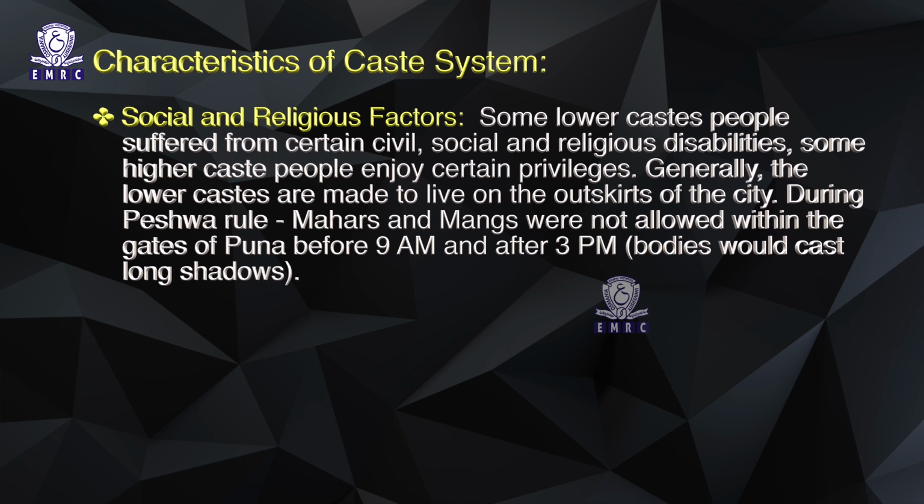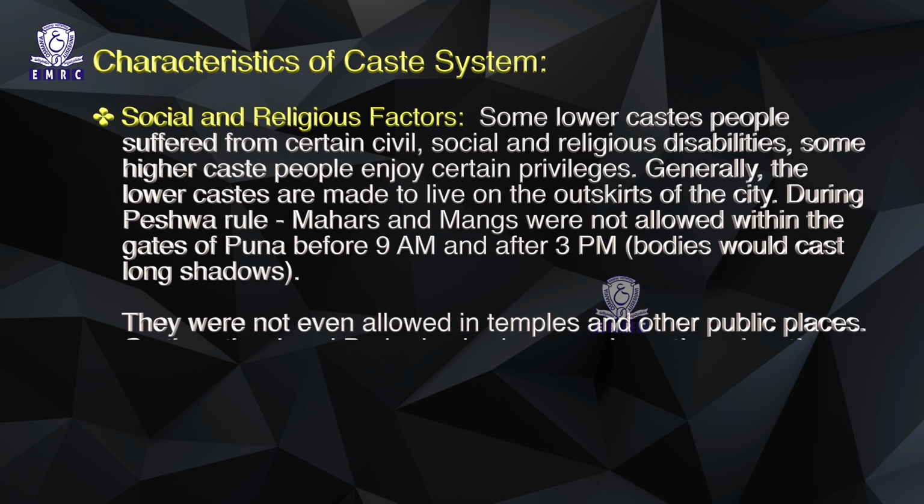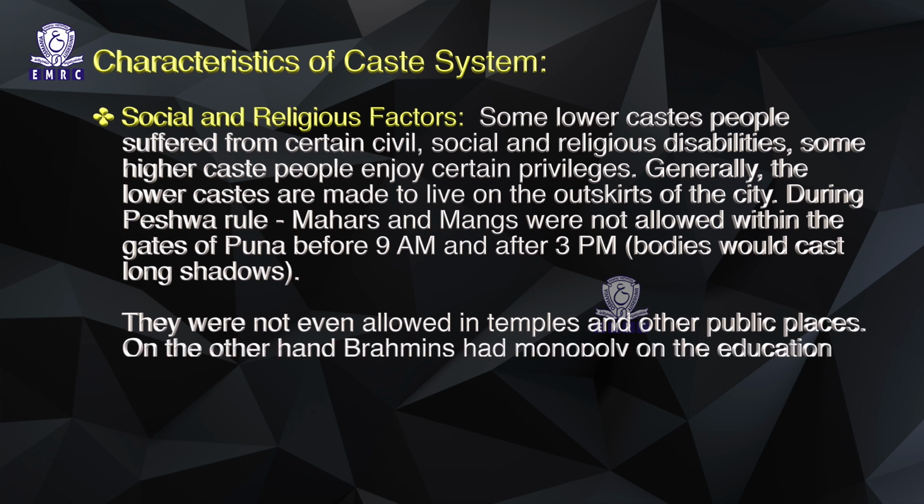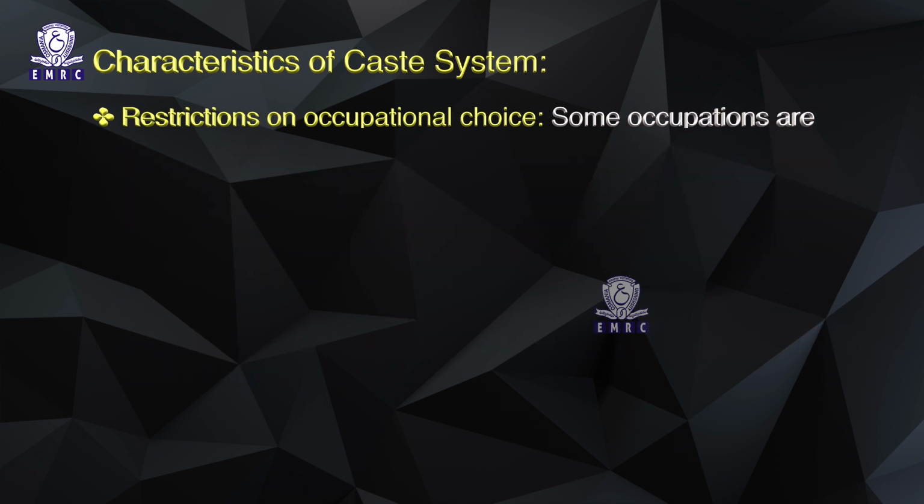In fact, during Peshwa rule, Mahars and Mangs were not allowed within the gates of Pune before 9 am and after 3 pm because the human bodies would cast long shadows. They were not even allowed in temples and other public places. On the other hand, Brahmins had monopoly on the education and teaching.